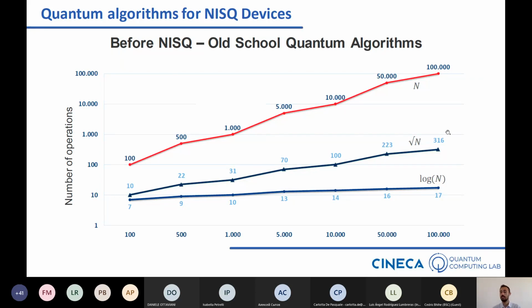So the coherence time is not a problem for atoms. The problem is basically the ratio between the coherence time and the time it takes to apply a gate. Right now it takes time to apply gates on this kind of devices.